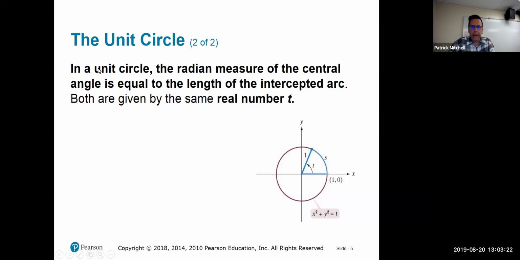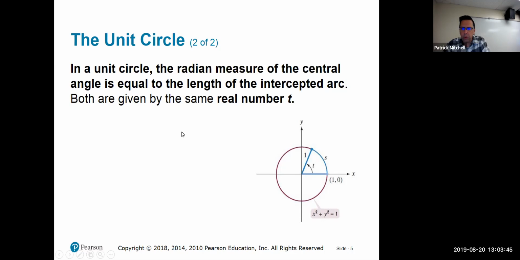In a unit circle, the radian measure of the central angle is equal to the length of the intercepted arc. The reason for that is you remember the equation theta equals s divided by r. Well, in a unit circle, r is 1.